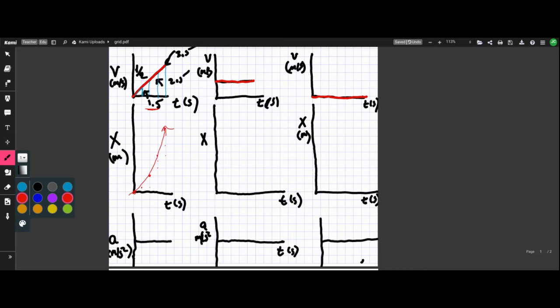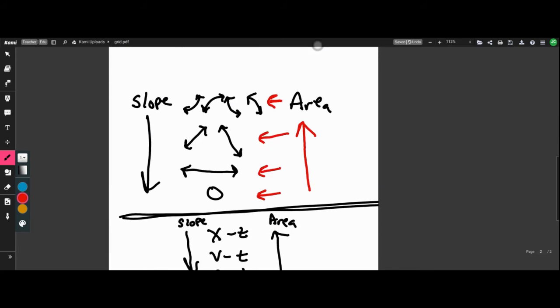Remember how we started this. We said if we take the area under a diagonal line, we end up with a curve. Let's go back down and see that. If we take the area under a diagonal line, that's right here, we end up with a curve. And the curve we ended up with this time is the first one.